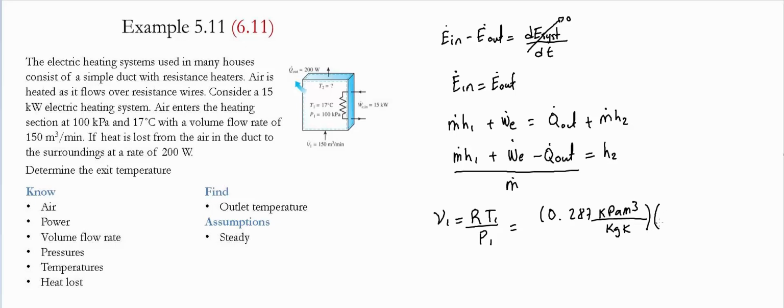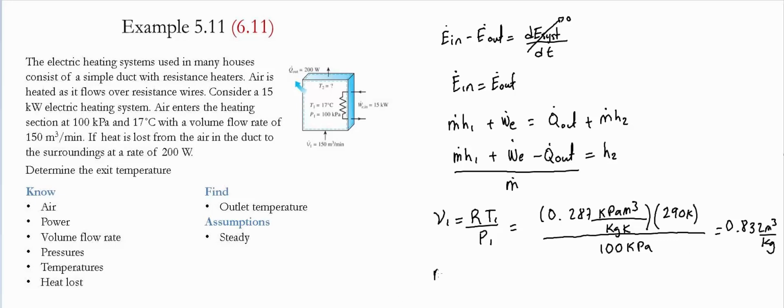The temperature at the entrance is 17 Celsius, which becomes 290 Kelvin, and the pressure at the entrance is equal to 100 kilopascals. This gives us a specific volume of 0.832 meter cubed per kilogram.